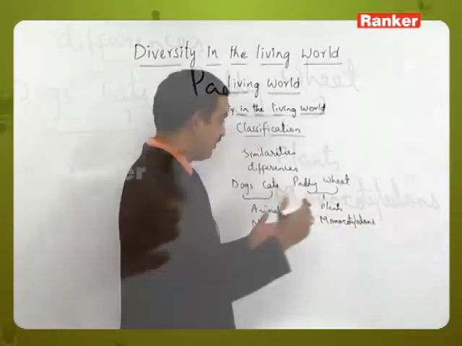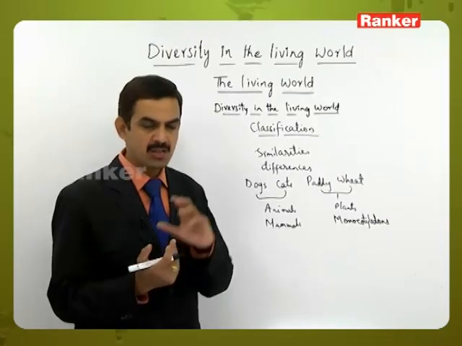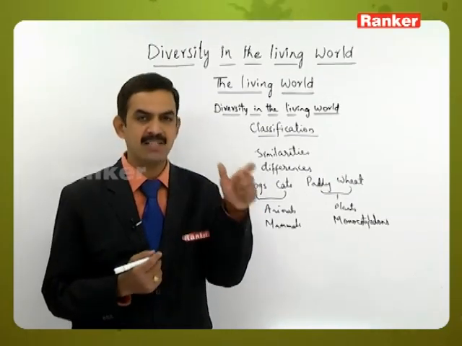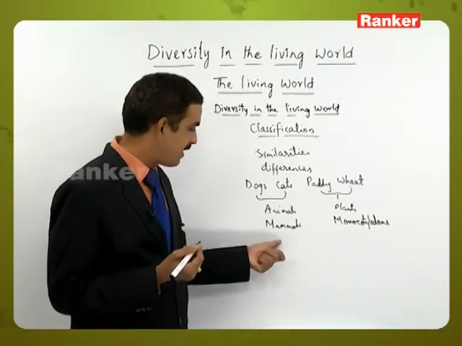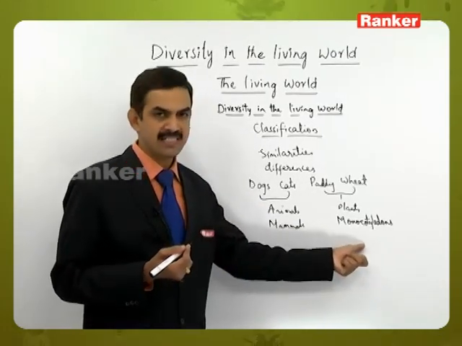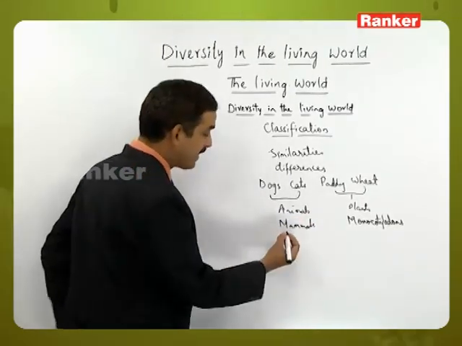Likewise we can find differences between living organisms also. Based on those differences, they have been kept in different groups of categories. Mammal is one category and monocotyledons is another category. Likewise they have been kept into different categories or different taxons.